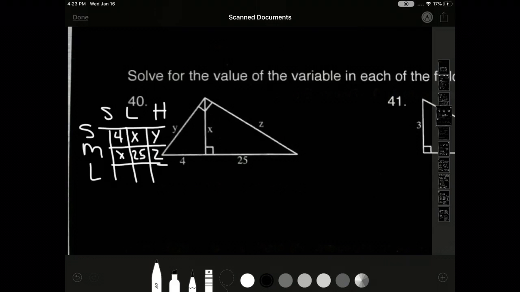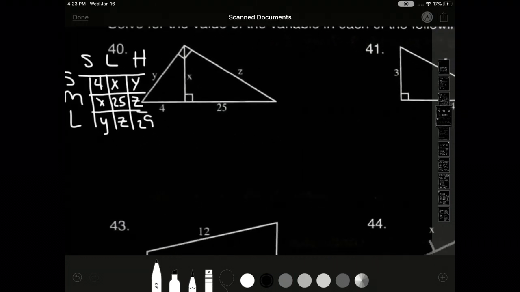Hypotenuse is Z. And then our large triangle, short side is Y. Long side is Z. Hypotenuse is 25 plus 4, 29. And then we can go ahead and write our proportions.